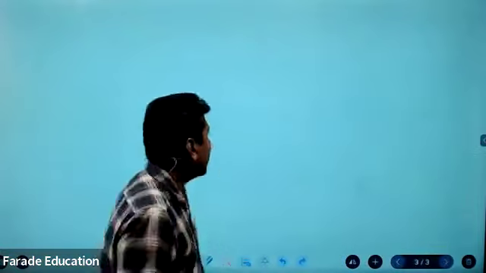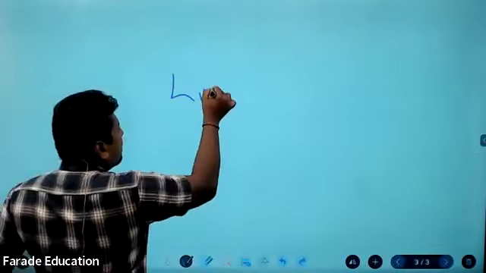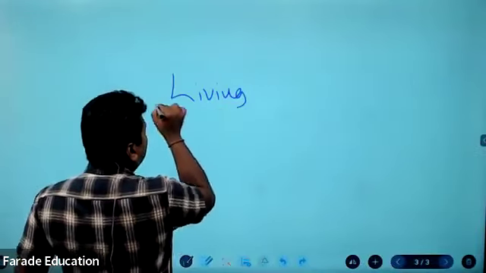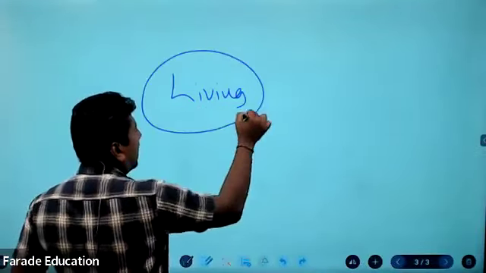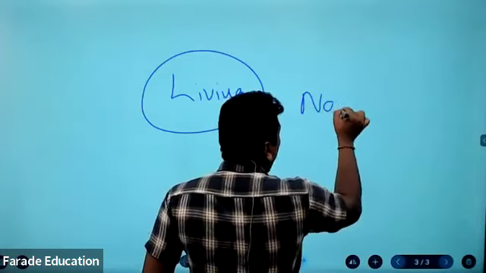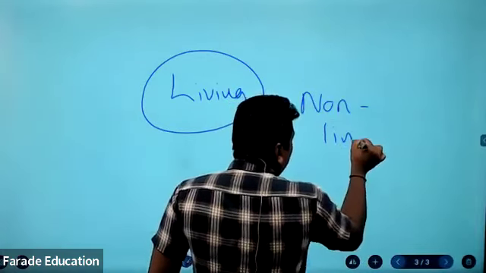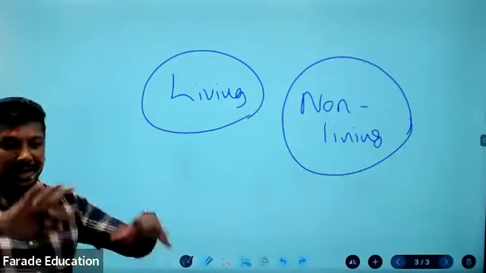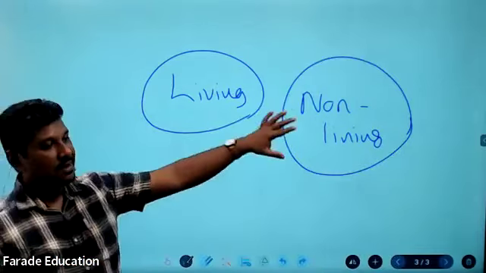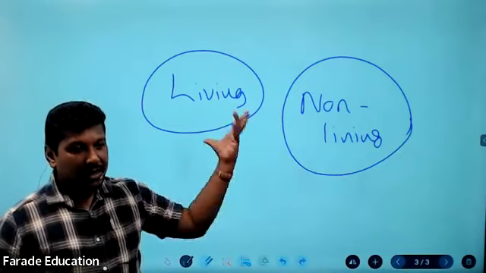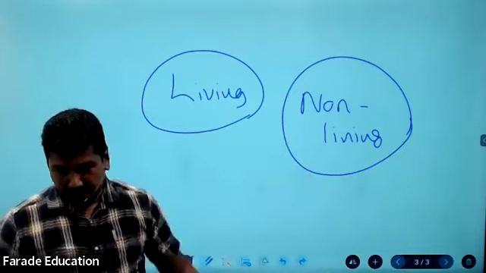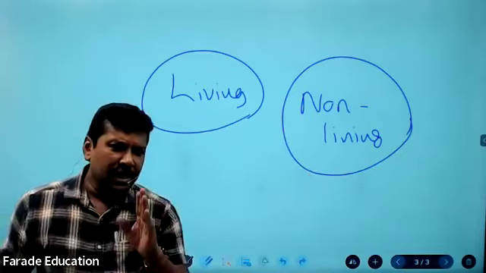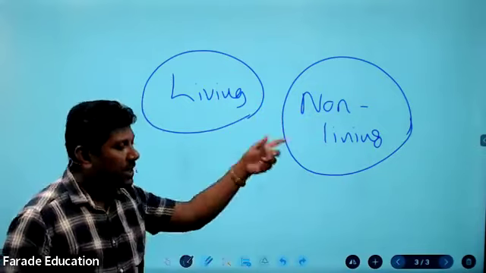Living and non-living. One is the living part and the other is the non-living part. So this comprises the earth, right? Everything on earth is made from either a living part or a non-living part. So what is the difference between the living and non-living?